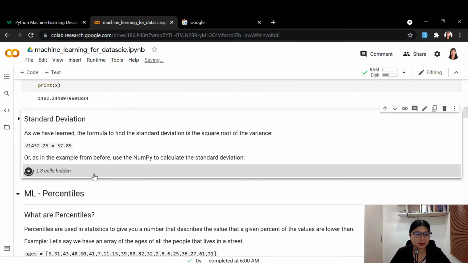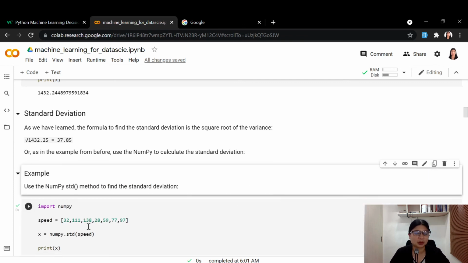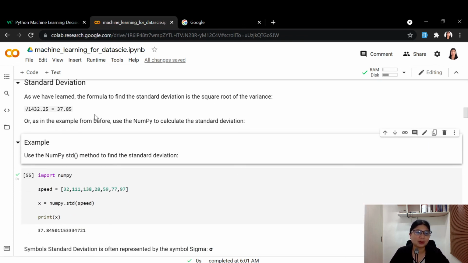Okay, so standard deviation, as we have learned, the formula to find the standard deviation is the square root of the variance. Square root of the variance, no? So, kwaon ta lang kung we have a given variance value, we can get the standard deviation by getting the square root of the variance.